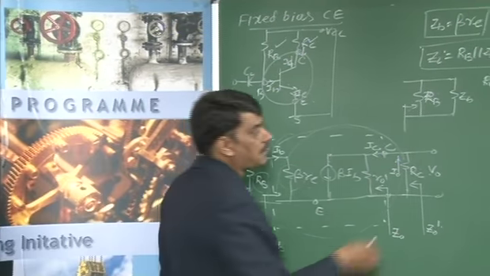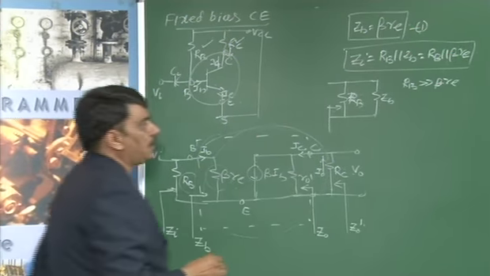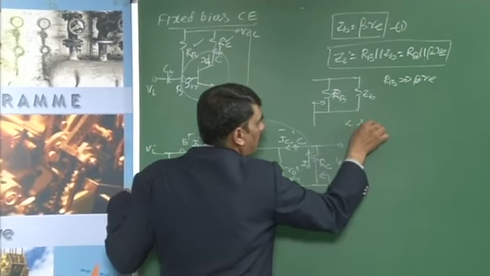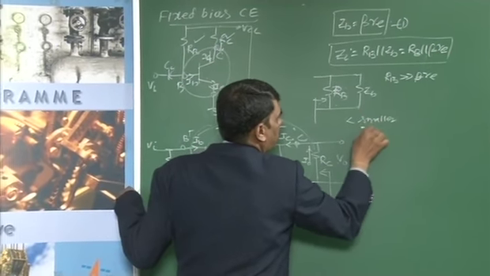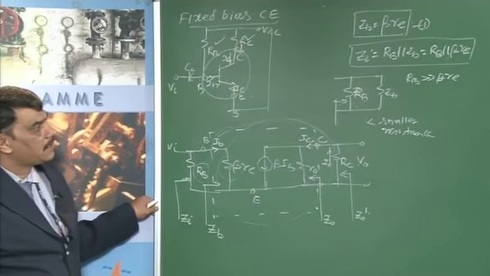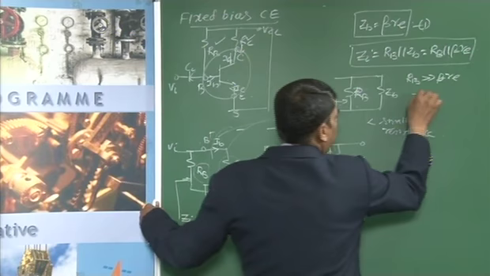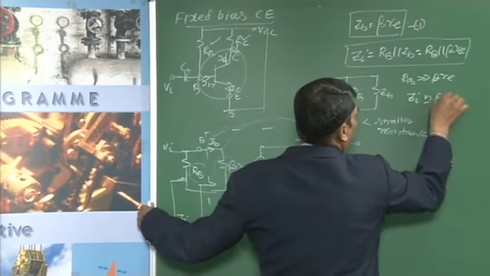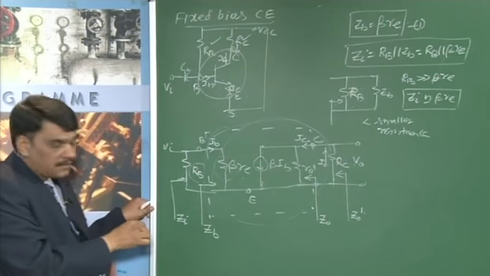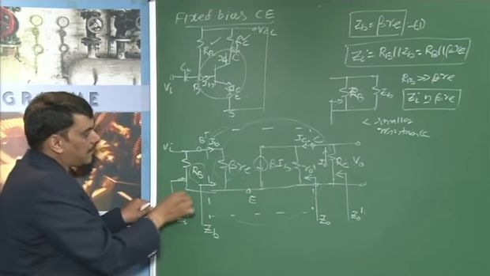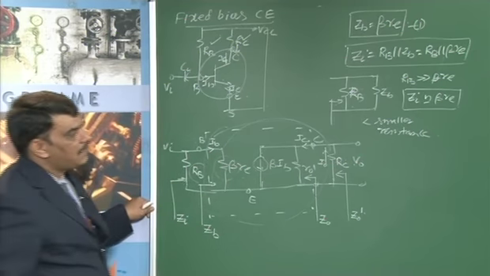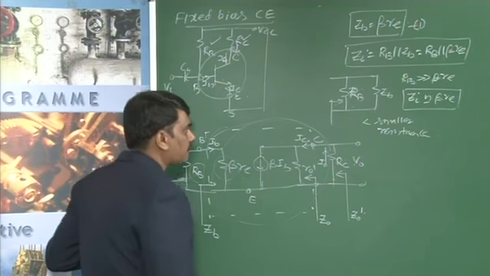When Zi is a parallel combination with beta times Re, the equivalent resistance of any two resistances is always less than the smaller resistance value. Because of this, Zi is approximately equal to beta times Re, very close to it. Even if the biasing resistance is added, its effect on the input impedance of the transistor is slight, slightly less than beta times Re.